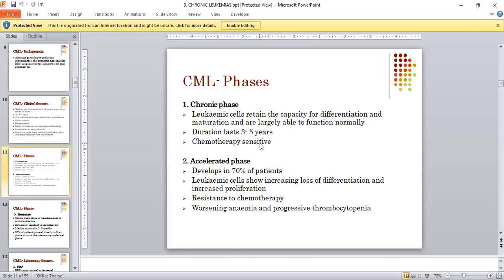Then there's the accelerated phase. This one develops in about 70% of the patients because 3 to 5 years is a short time. Especially for patients who are asymptomatic, it won't be caught.